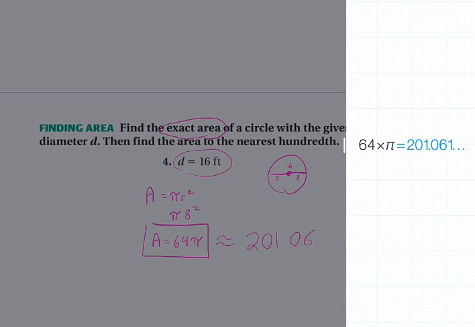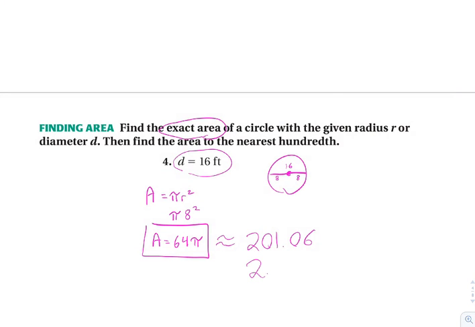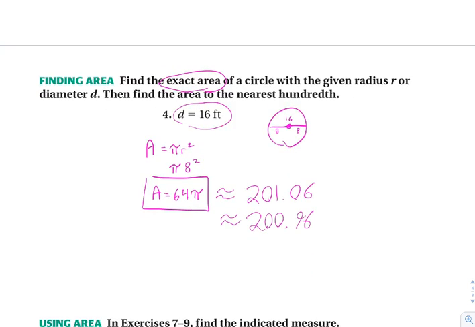However, you might have used 64 times 3.14, and you might have gotten 200.96. So depending on what you use for your approximate value of pi, you get different approximations. On a test or exam, I would be really clear what to use as pi, either exact or using 3.14, round to the nearest blank, okay? All right, so that was how we find the area.